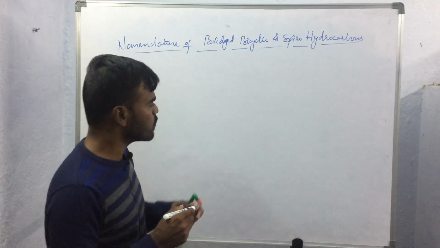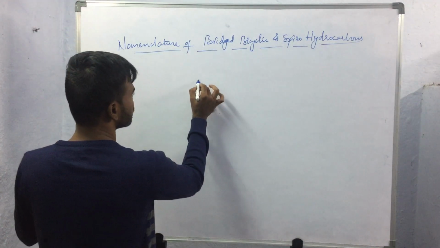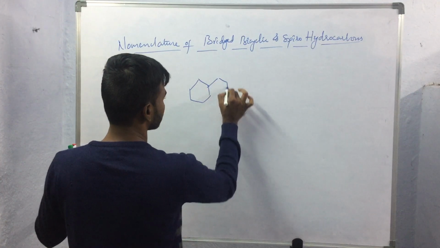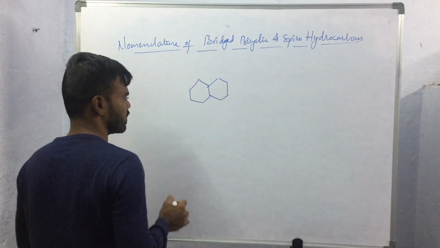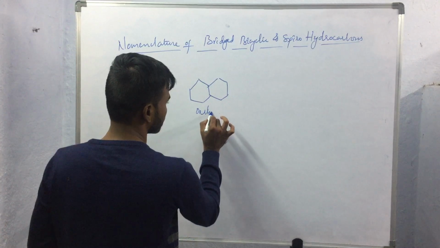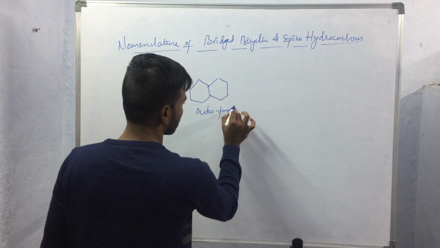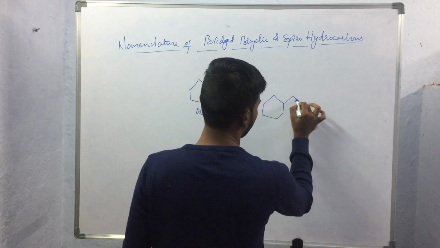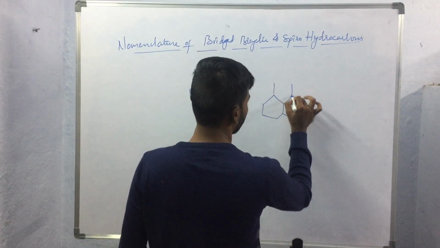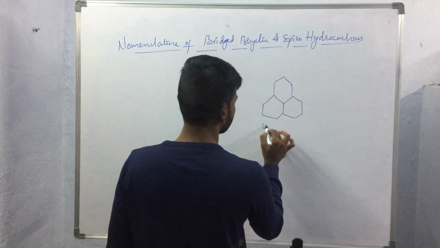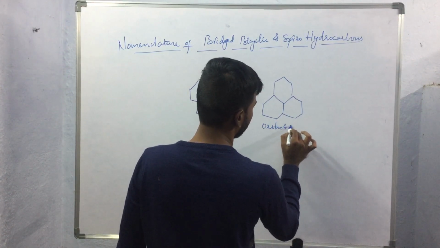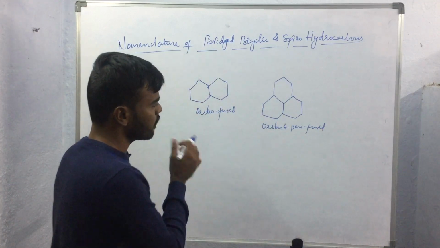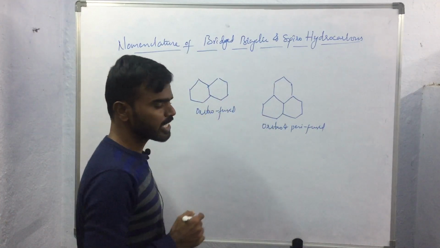If we observe the fused ring hydrocarbons, only two common atoms we have seen. It is ortho-fused and ortho and peri-fused. So these are fused ring hydrocarbons.